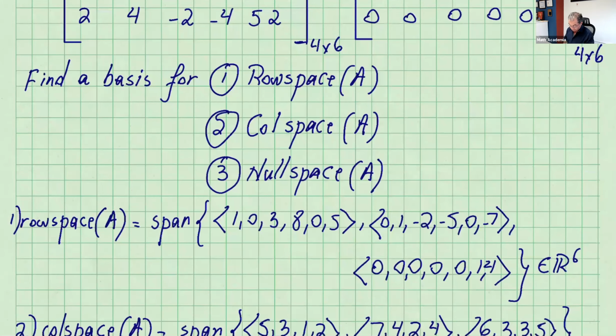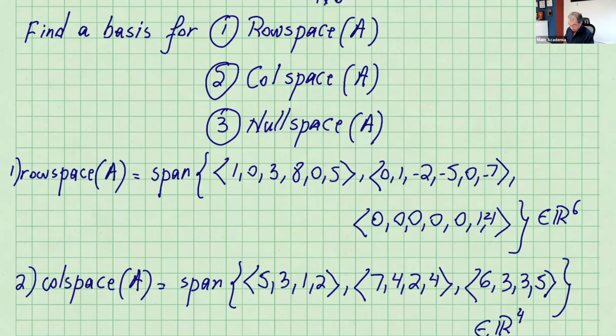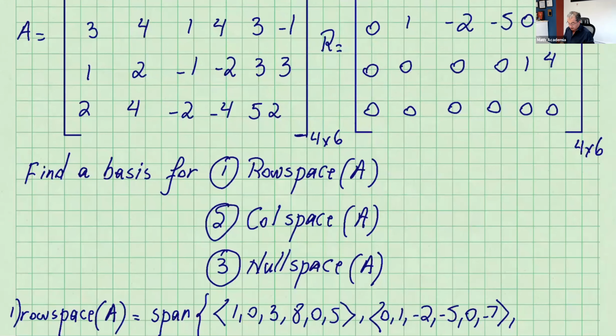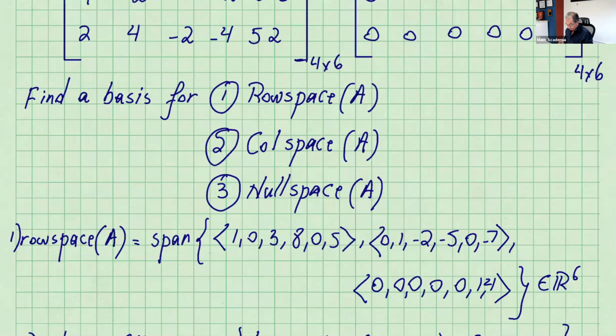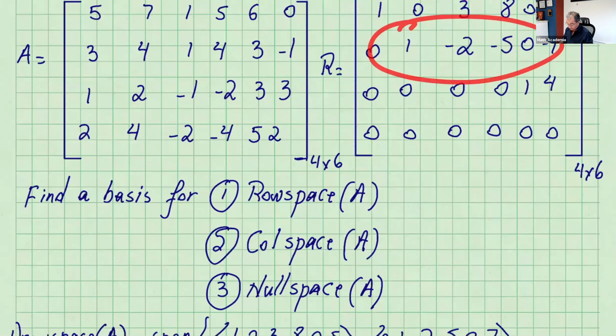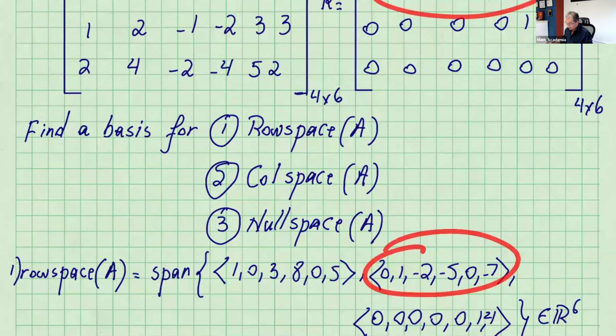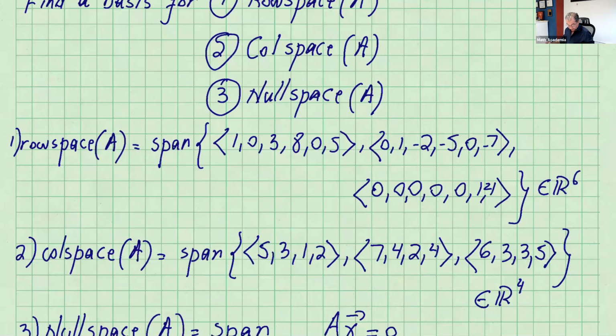Written out, we have 1, 0, 3, 8, 0, 5, which is the first row of the RREF, then the second row of the RREF, right here, and of course the third row of the RREF, right there. Notice this is in R6. So that's the row space.